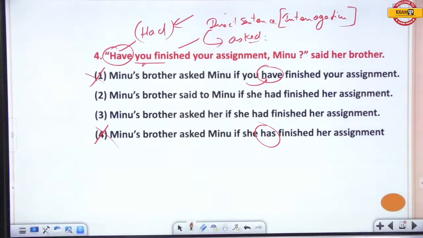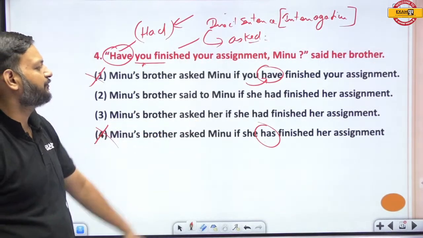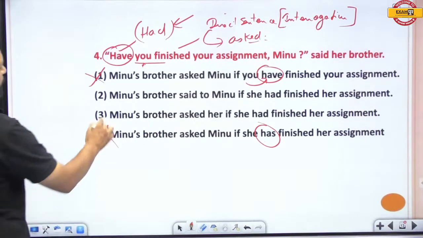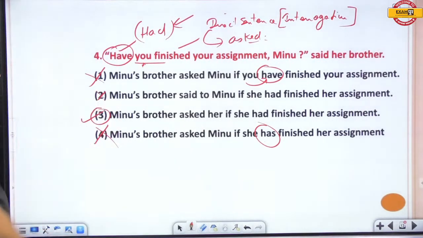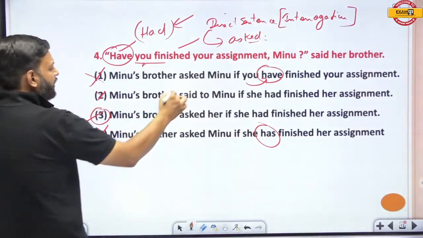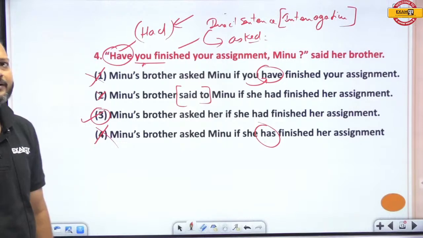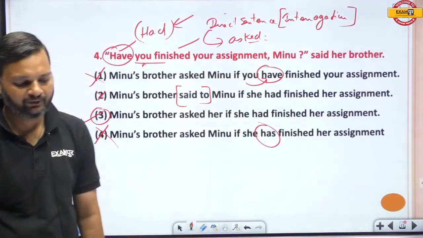So Minu's brother said to Minu if she had finished her assignment. Minu's brother asked her if she had finished her assignment. Okay. So here the correct option would be 3. This is not the answer because of said. You cannot use said in interrogative sentences. Right.